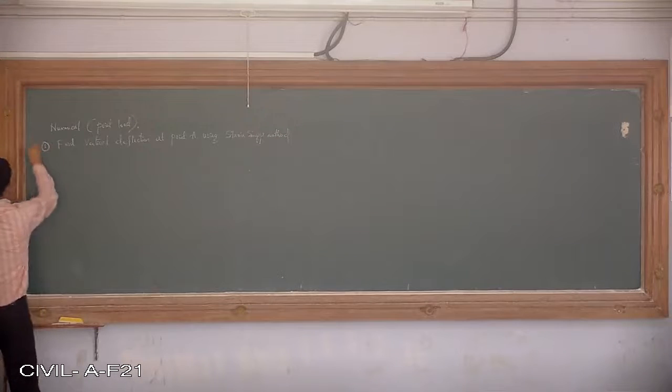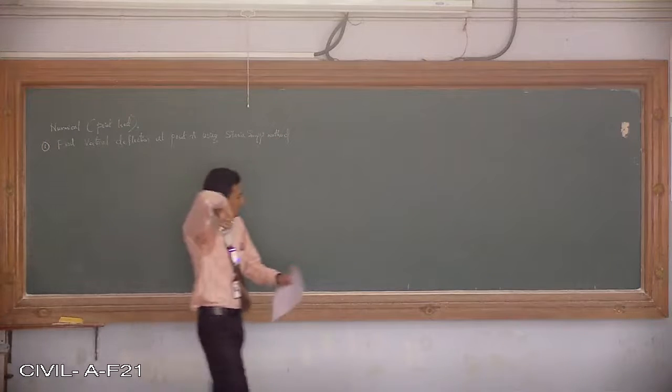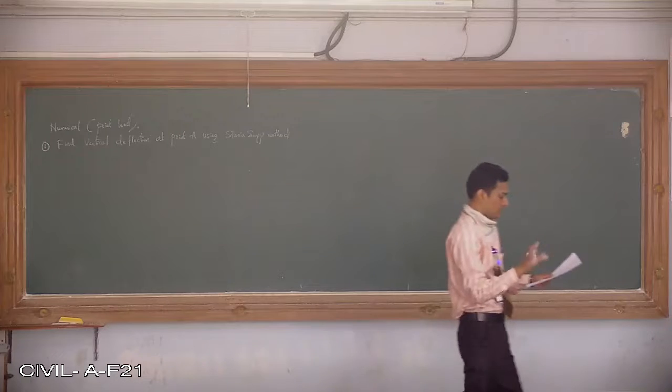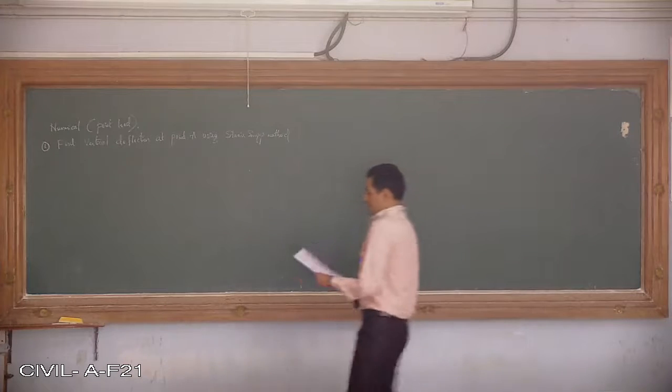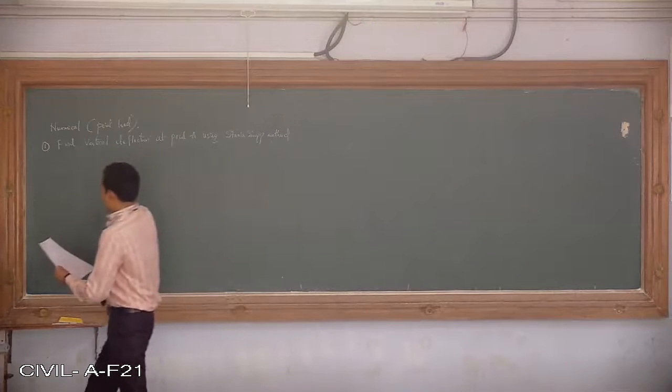Okay. So first we will solve with point load so that will be easy for us to carry out horizontal as well as the combination. Okay. So this is the numerical.